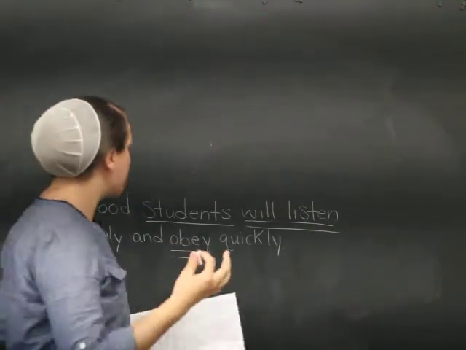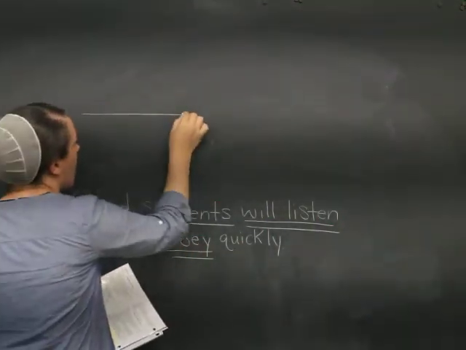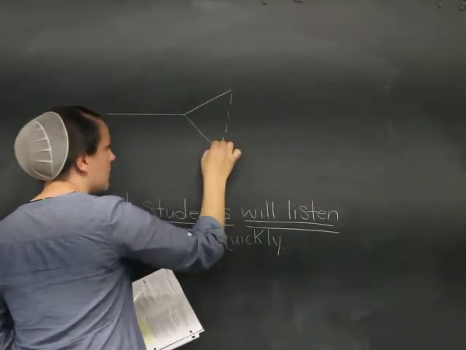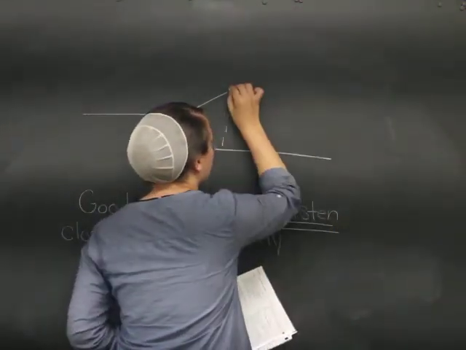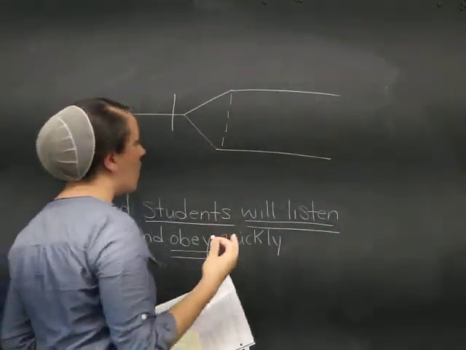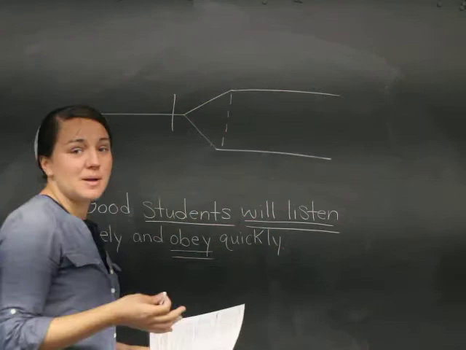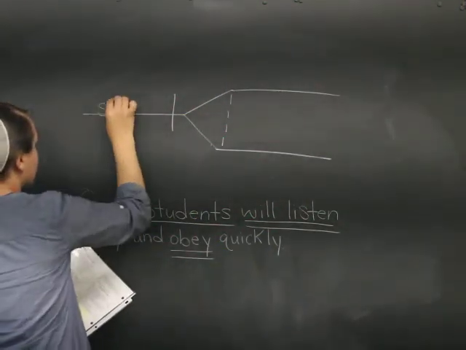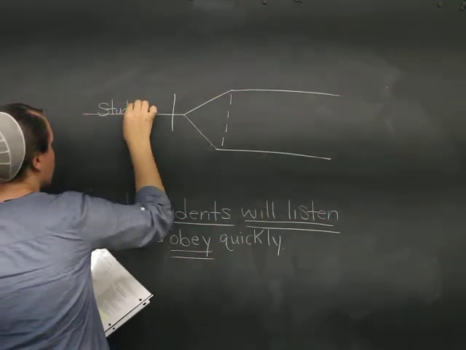So now we set up our diagram. Remember, we have a compound verb, so you need to make the rocket ship for that. Your verb again goes on the right side of the line on your rocket ship, and your subject goes on the left side of the line.